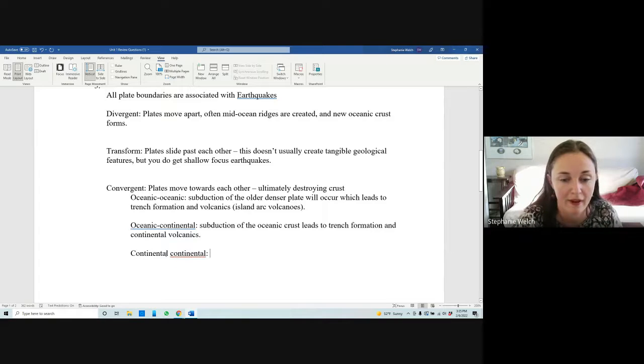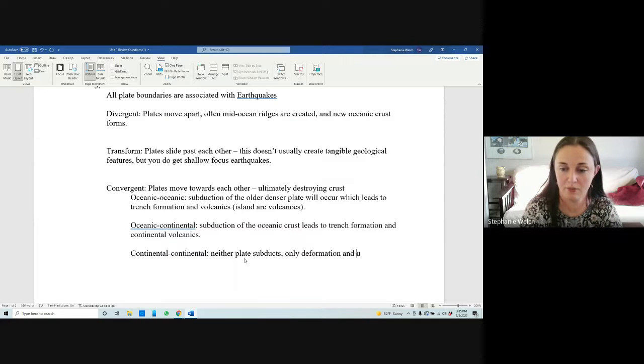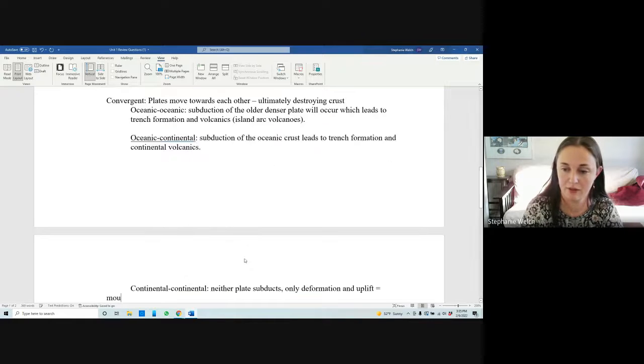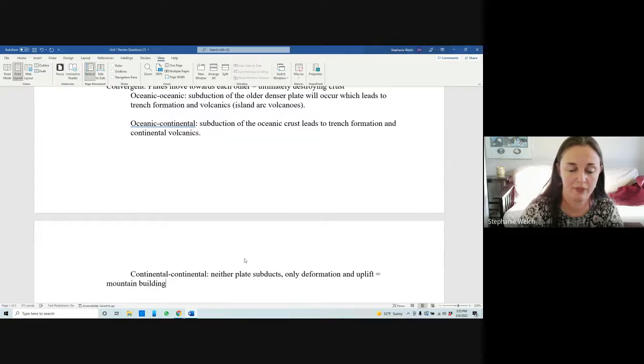Finally, continental crust: neither plate subducts, only deformation and uplift, i.e. mountain building.